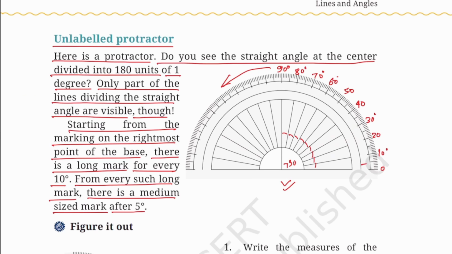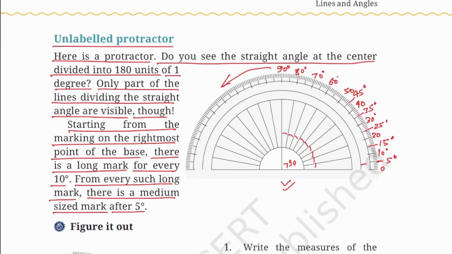You can see this one medium size, that means 5 degree. This one medium size mark, that means 15 degree. Here 25 degree. Here 35 degree, here 45 degree, and so on.